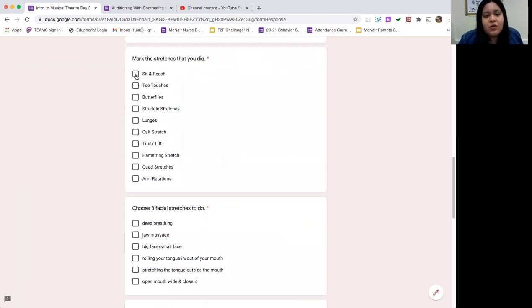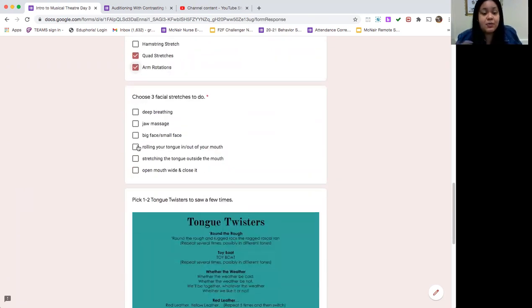When you move on to the vocal warm-up, you are going to be doing some deep breathing in through the nose. I recommend at least 3 to 5 in through the nose and out through the mouth. Inhale. A jaw massage, starting by your ears, working your way along your jawline down towards your chin, and then some big face and little face, big and little.